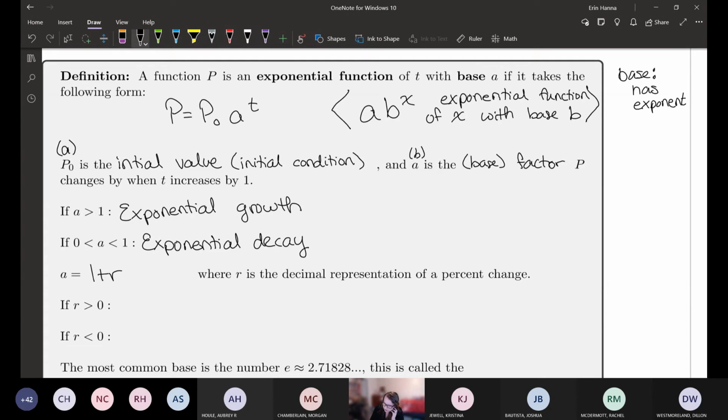If R is greater than 0, this is when we have our growth. And if R is less than 0, so R can be negative, but A will not be negative, we have exponential decay.